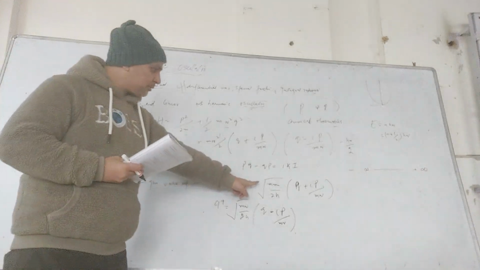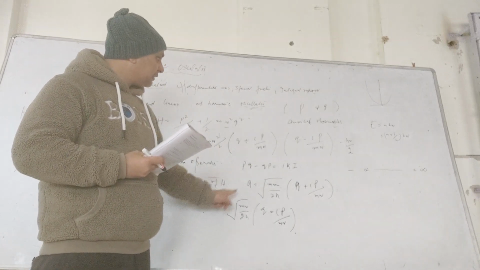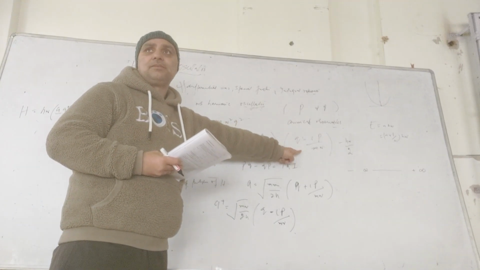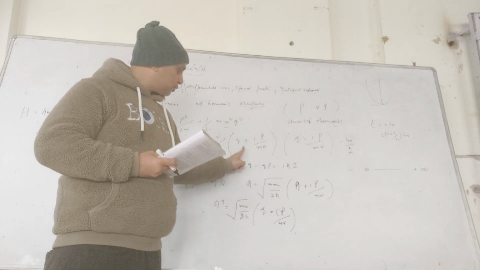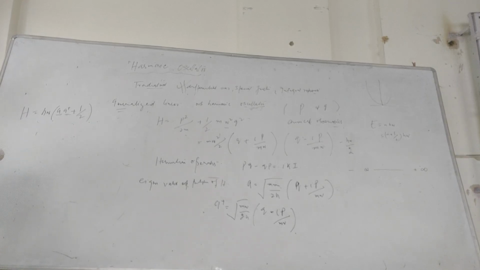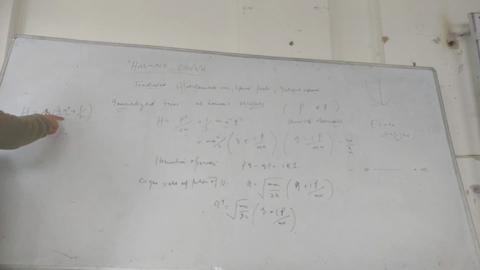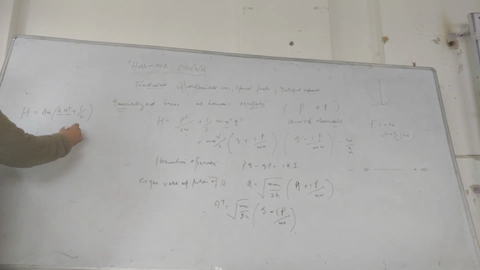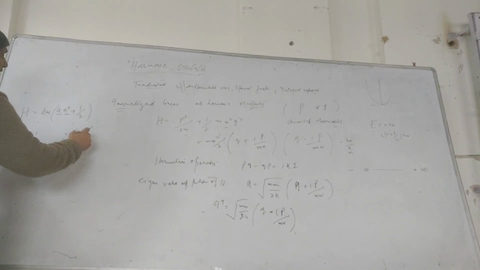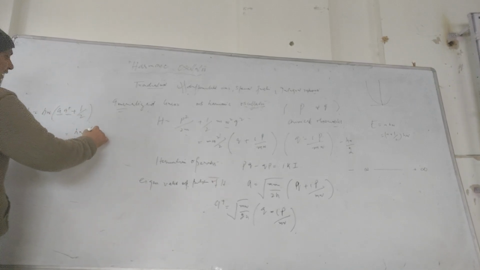So A को ऐसे रिप्रेजेंट करो, A diagram is this. This is second term. This is first term. So you can write the Hamiltonian like this. So we'll इसको यहाँ रखेंगे, इसको यहाँ लेंगे.